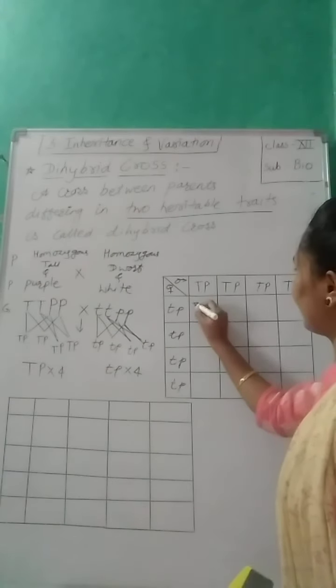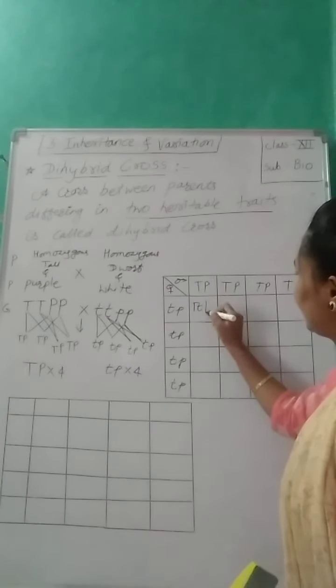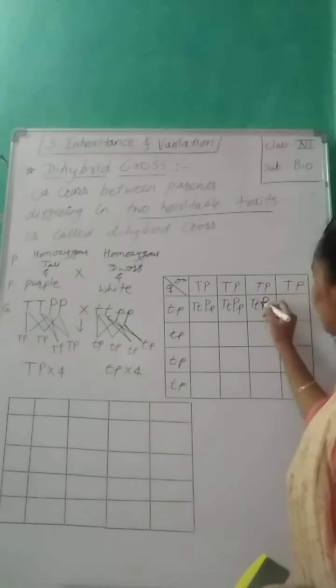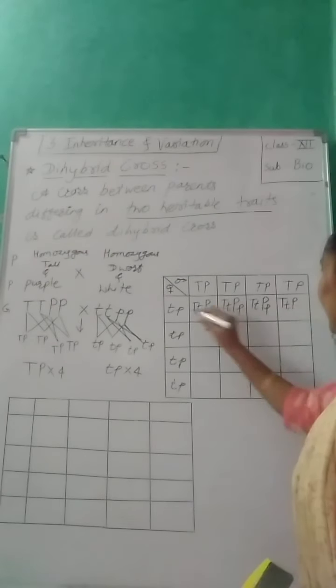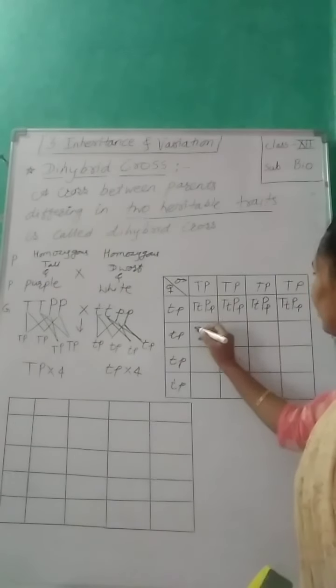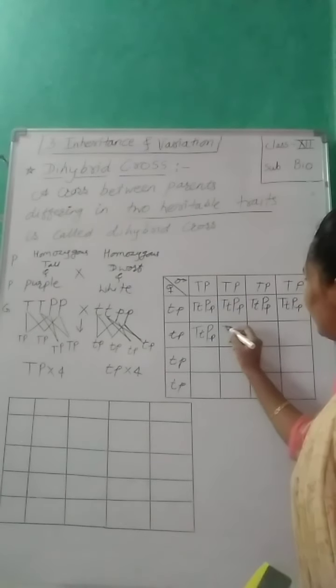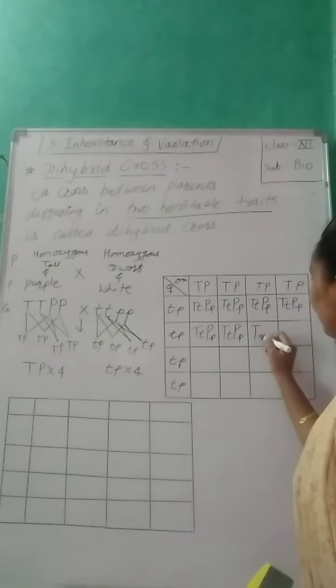Capital T, small t, capital P, small p. Here also capital T, capital P, small p. Same here. In each box we will get the same characters. Here also small p. Here capital T, dwarfness means recessive, purple and white. Tallness, dwarfness, purple, white. Again we will get tallness, dwarfness, purple and white.